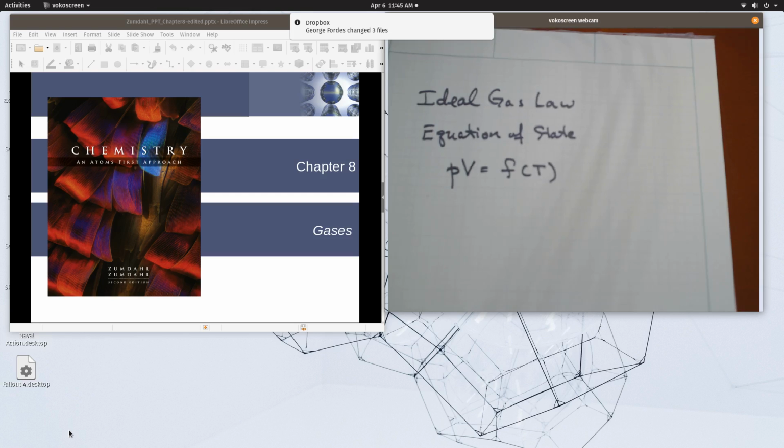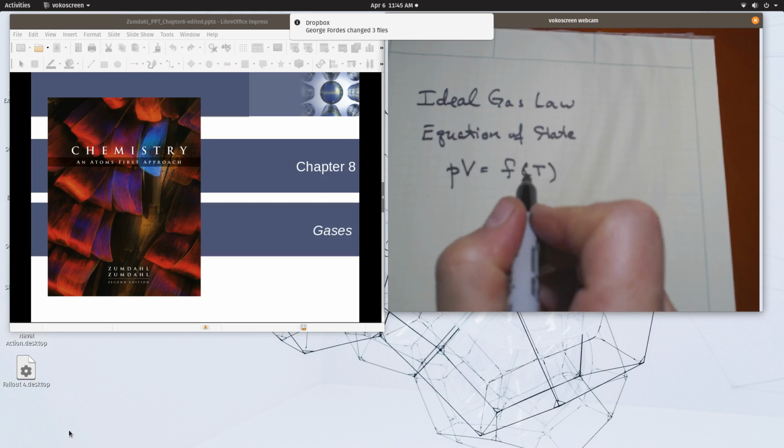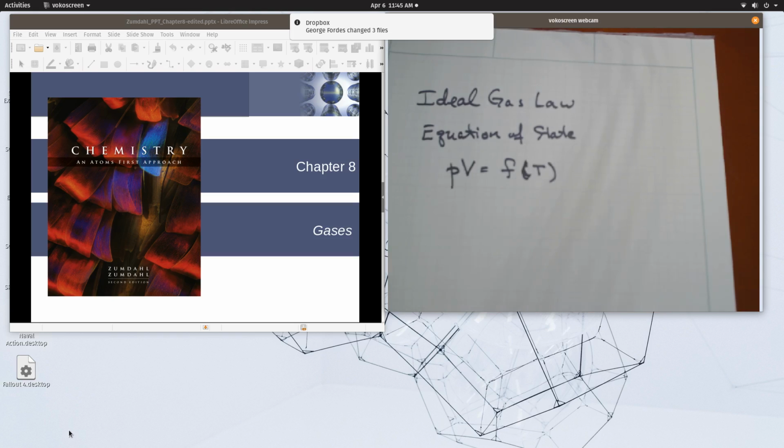This is a bracket, not a C. Some function of the temperature. And the ideal gas law specifically is that it is equal to some constant times the temperature. And that constant is specifically the number of moles in the system times the gas constant times T.